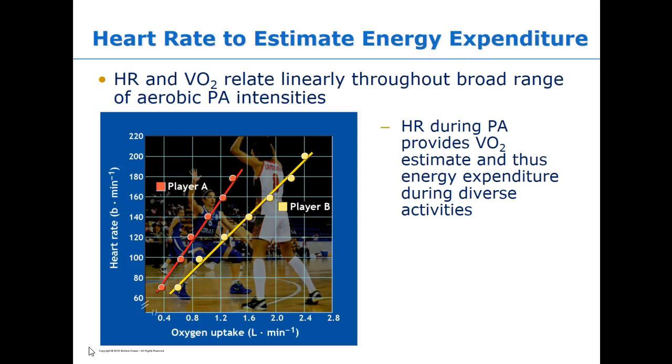The measurements were made during a graded exercise test on a motor-driven treadmill. The heart rate for each woman increased linearly with intensity. A proportionate increase in heart rate accompanied each increase in oxygen uptake.